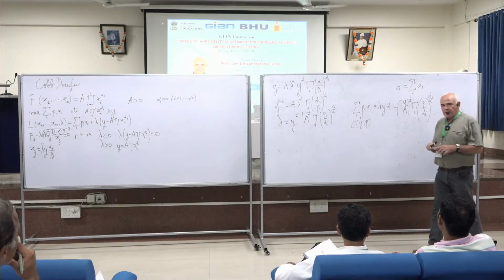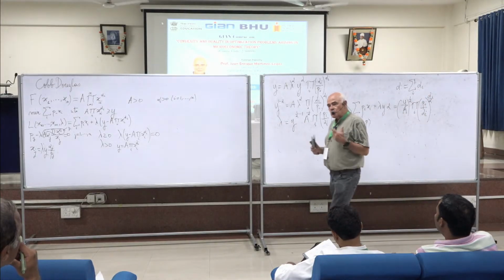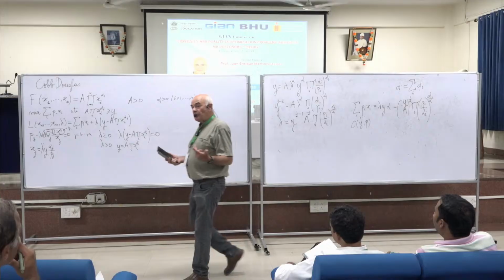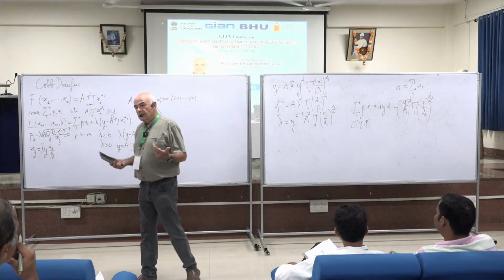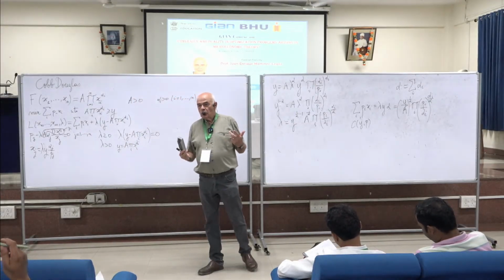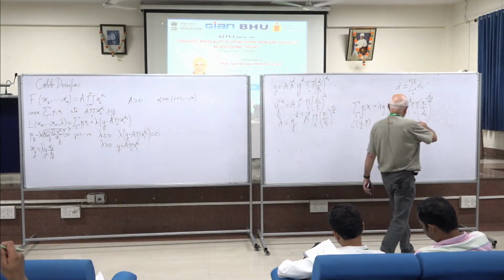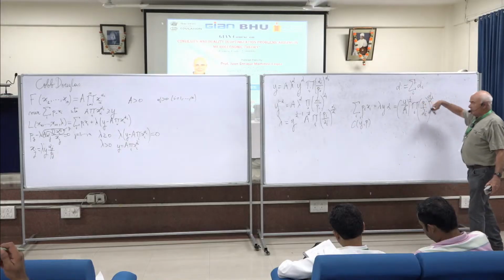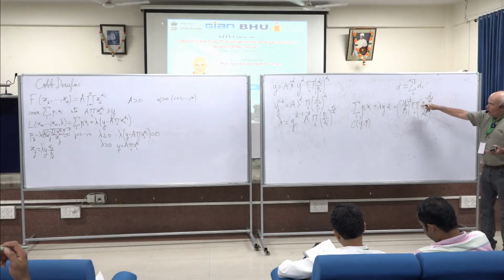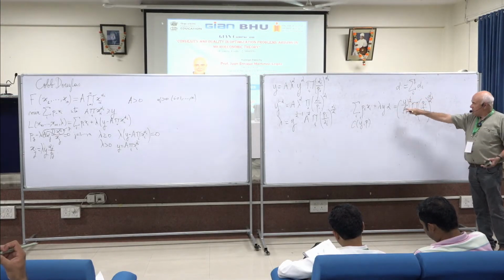No. The interesting observation is that the cost function is also of the Cobb-Douglas type. It is of the same type as the production function, because, forget all the constants. Y is a constant because we are considering it as a function of p.